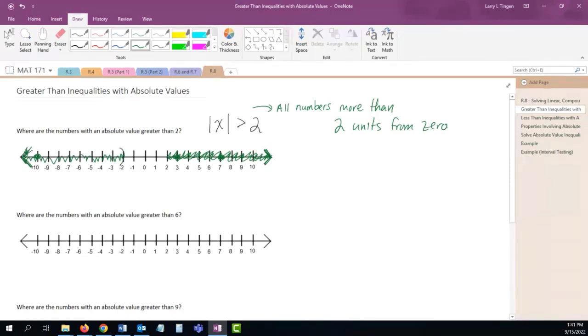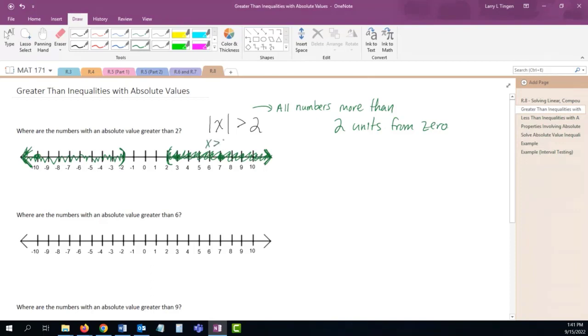So what have I got here? I have parentheses around the 2 and the -2 because this is strictly greater than, right? So where are all my answers? Well, whenever I have an absolute value greater than, I'm either exactly what I said, right?